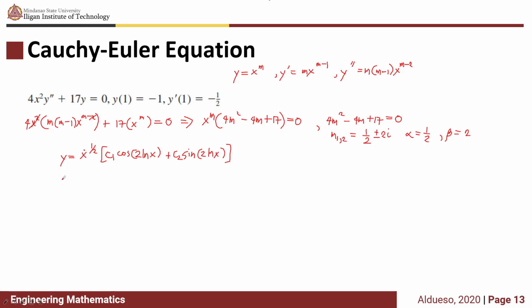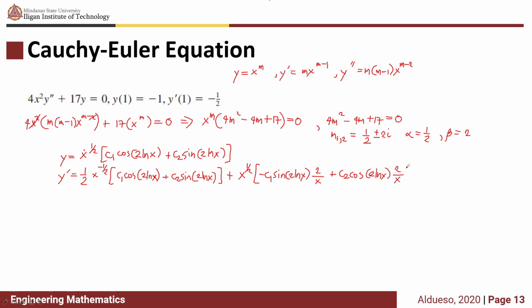The first derivative of this function, using the product rule, is 1 half x to the negative 1 half times C1 cosine of 2 ln x plus C2 sine of 2 ln x, plus x to the 1 half times negative C1 sine of 2 ln x times 2 over x plus C2 cosine of 2 ln x times 2 over x.